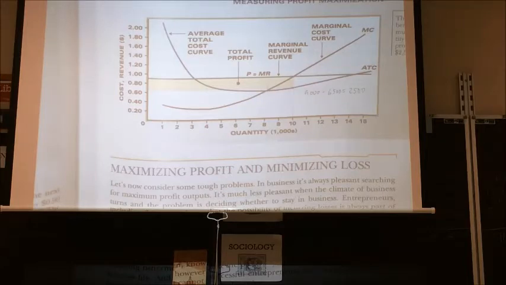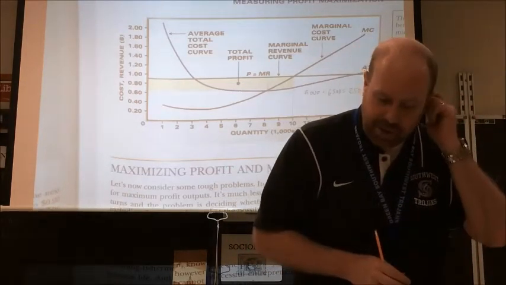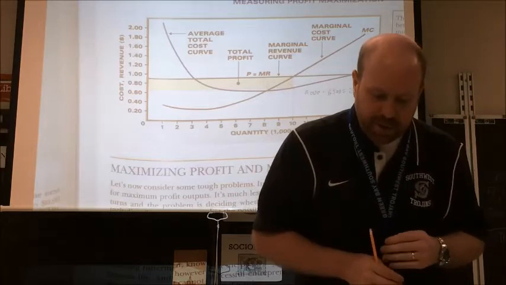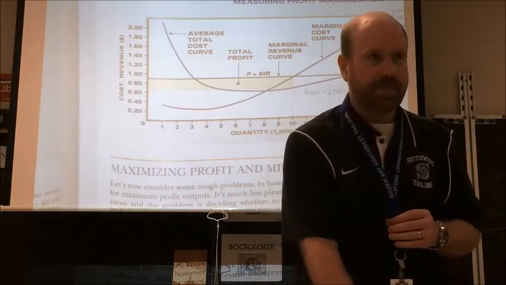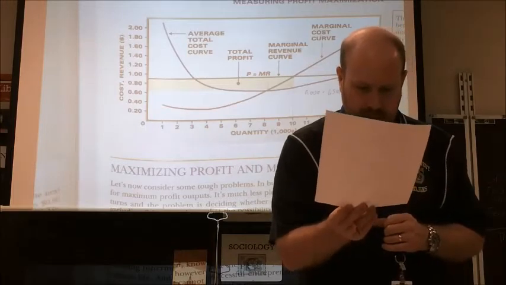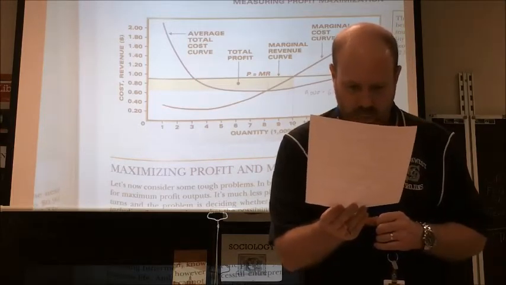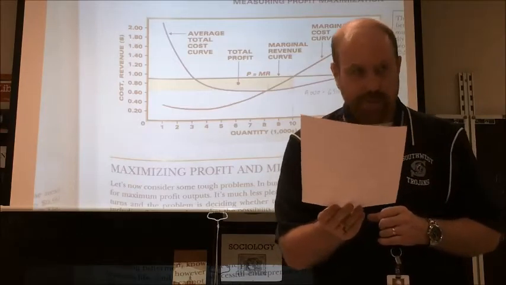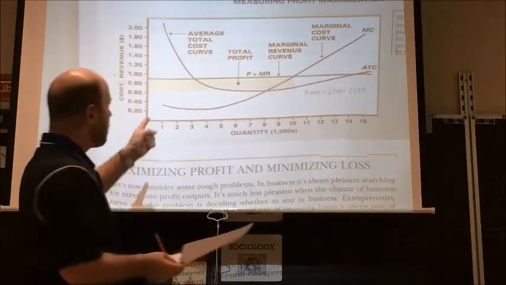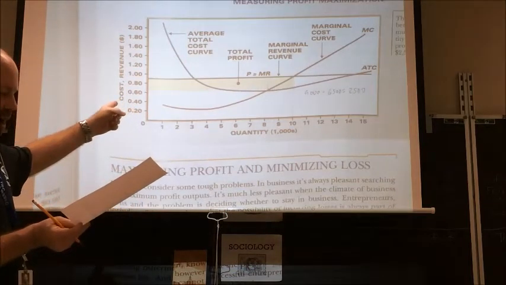Right here. Okay, and then the last one, when a perfectly competitive firm sells additional units of output, what happens to total revenue? Remember I said this was an example of perfect competition?